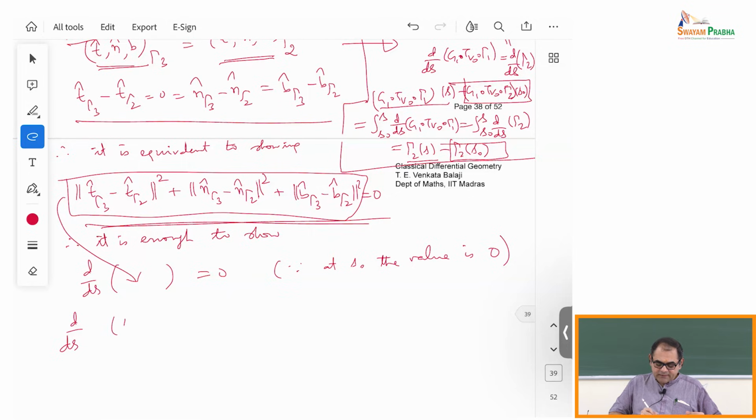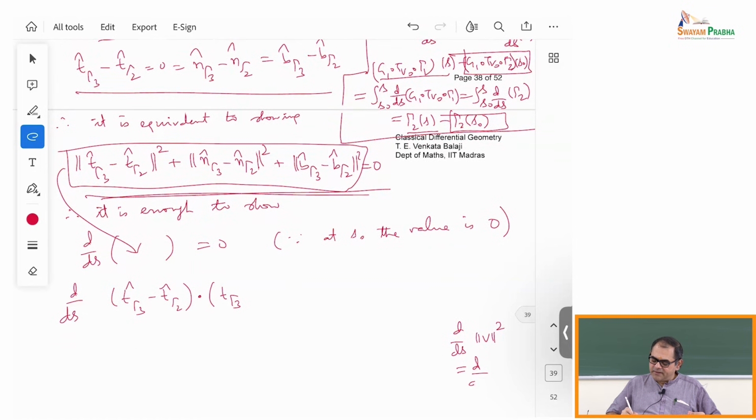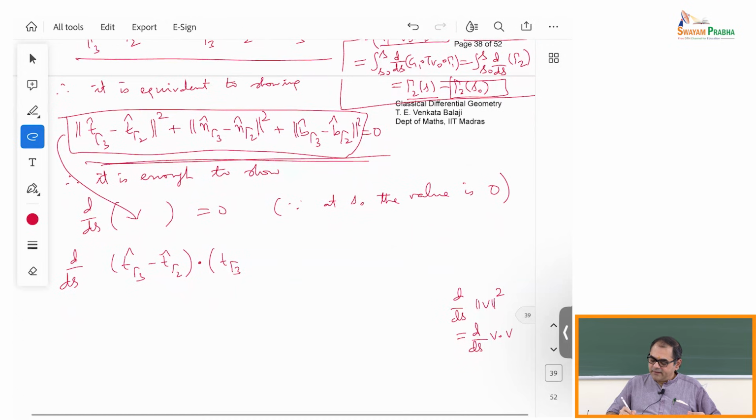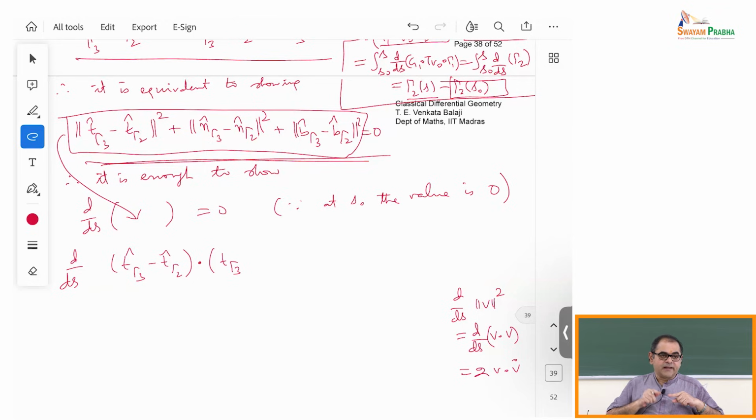So let me write something here. d by ds of norm v squared is d by ds of v dot v, and that is 2 v dot v dot, by definition. And don't confuse the dot in between the v and v dot, that's the dot product, and the dot on top of the v is d by ds. Don't get confused.